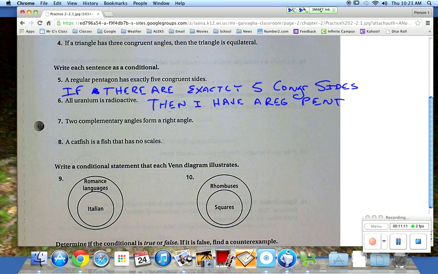Okay, two complementary angles form a right angle. What are complementary angles? What are two complementary angles, Damien? They add up to 90 degrees.